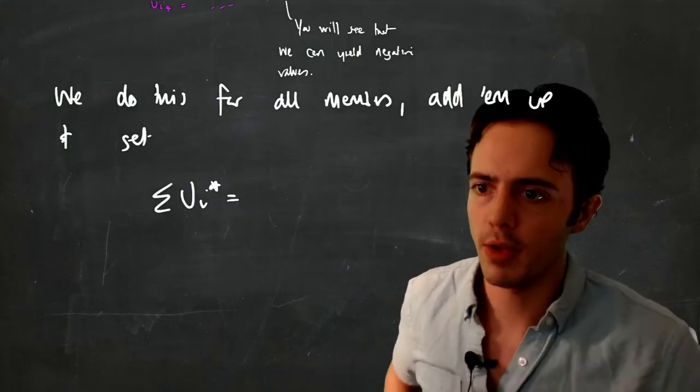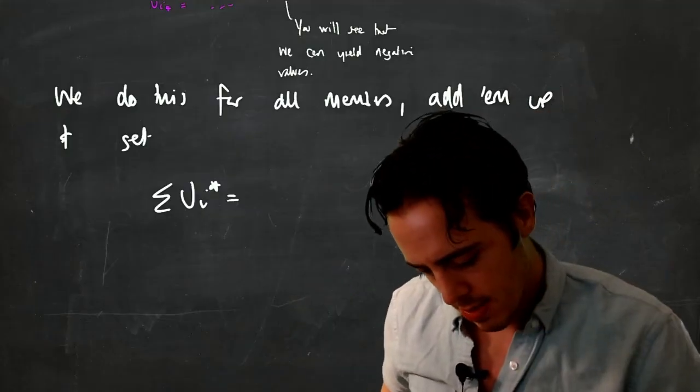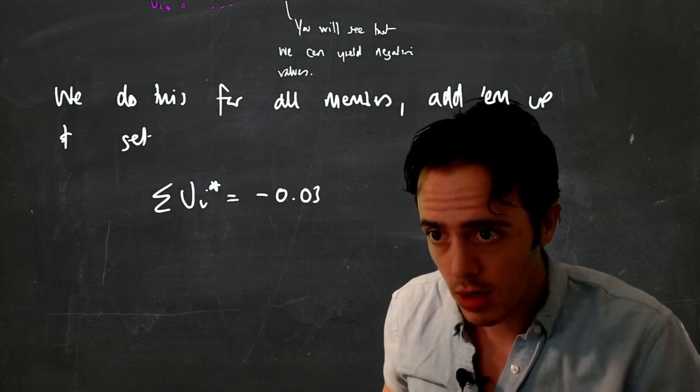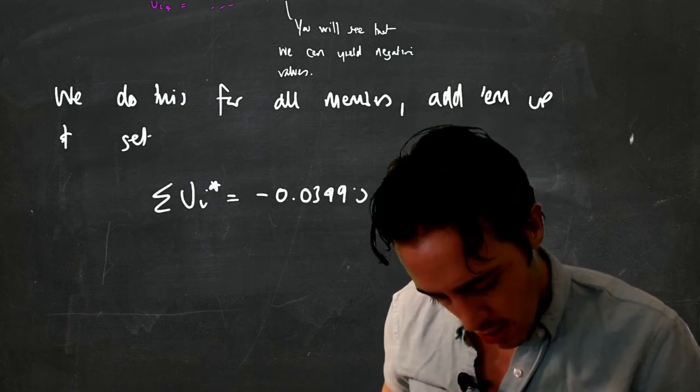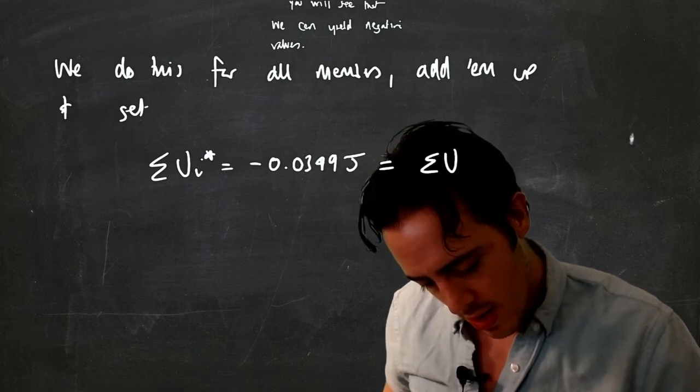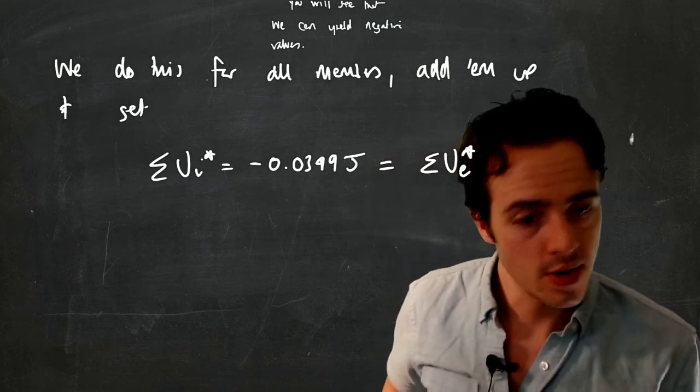I'm deliberately not showing you the code for this just yet, okay? But that sums to minus 0.0349 joules. And this has to be equal to the sum of the external virtual energy.